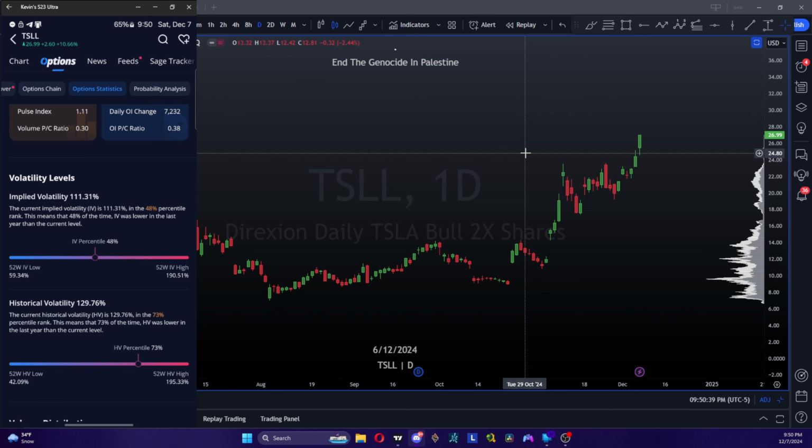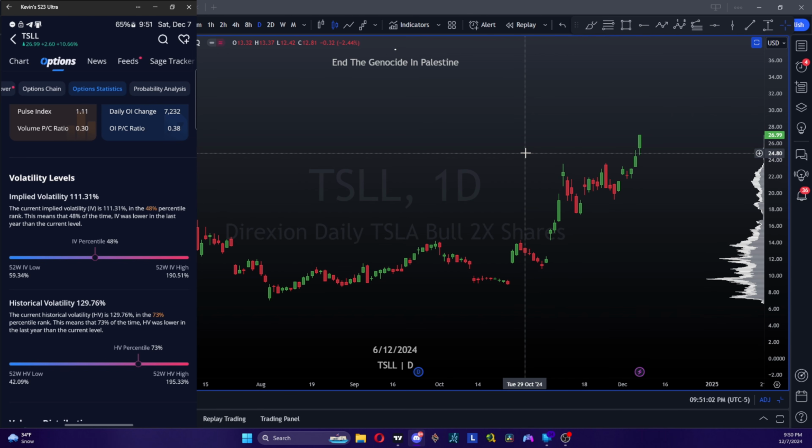Someone has to be selling that contract, so the seller wants the opposite of what you're doing. If you're selling an option, you want to sell when it's high and buy when it's low. That's theoretically what you're doing when you're selling an option.